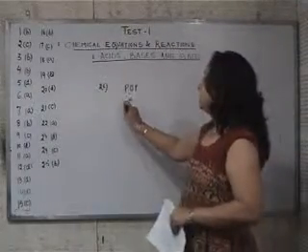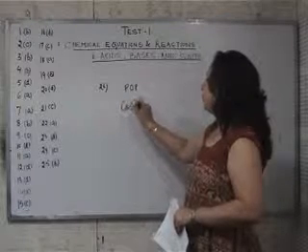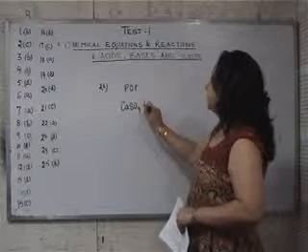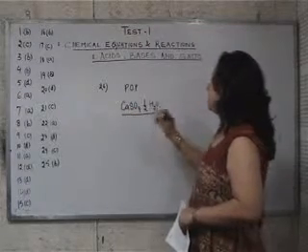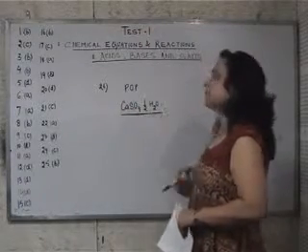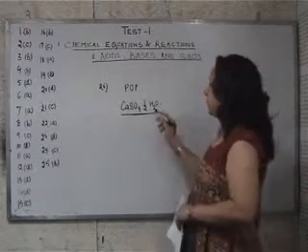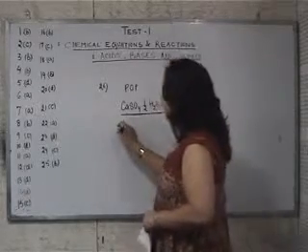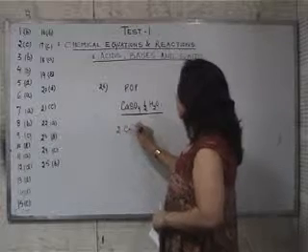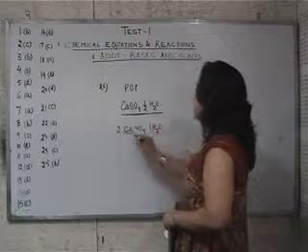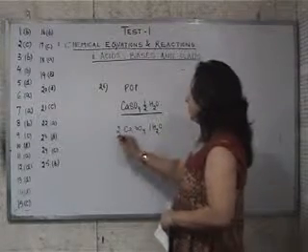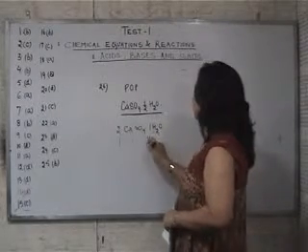Plaster of Paris is calcium sulfate hemihydrate. Hemihydrate means half H2O. It can be written as 2 calcium sulfate to 1 H2O, so the ratio is 2:1, that is 1:half.